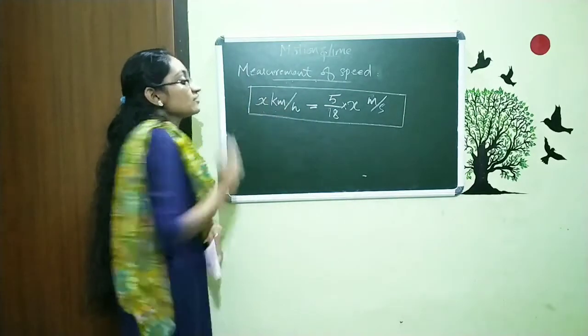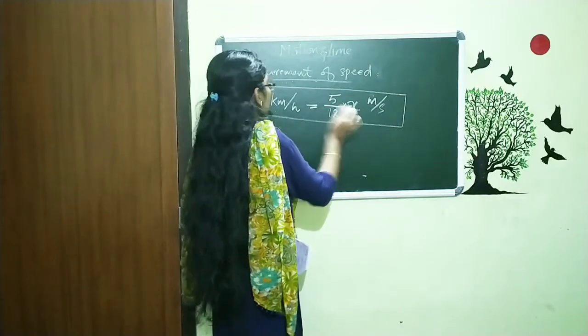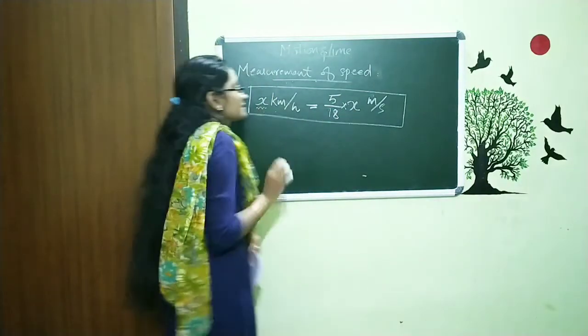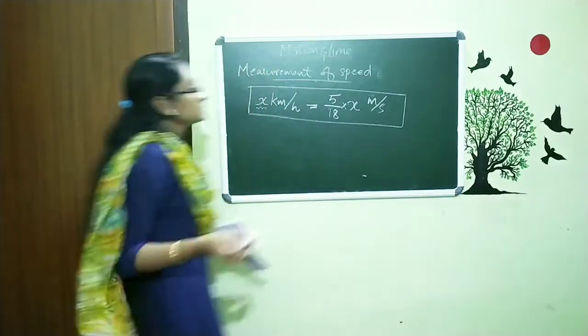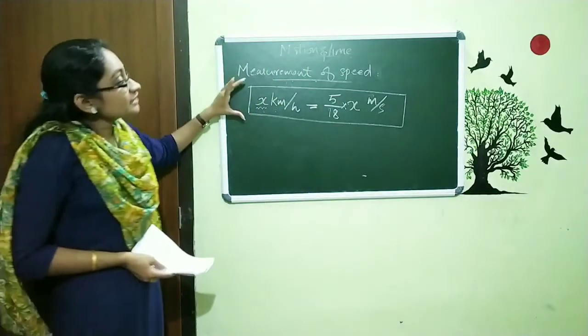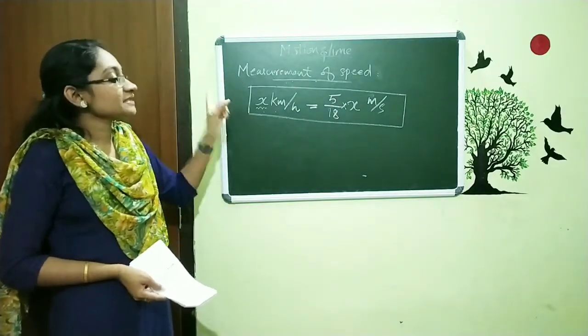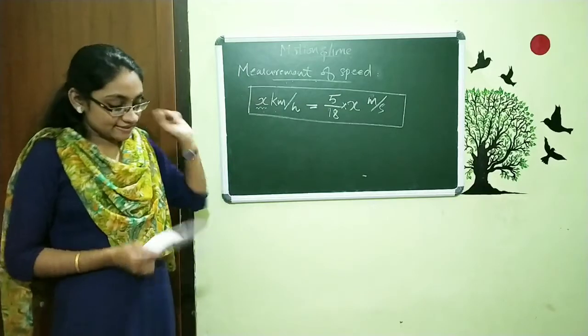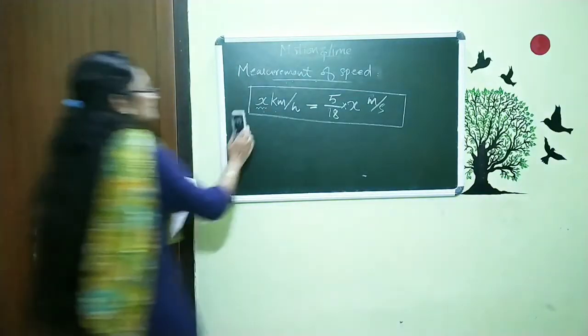X kilometer per hour is equal to, we multiply the quantity in the question with 5 by 18. Then we get the corresponding meter per second for the kilometer per hour. So you want to remember this and also study how to convert this kilometer per hour to meter per second. Now we are going to do some questions.